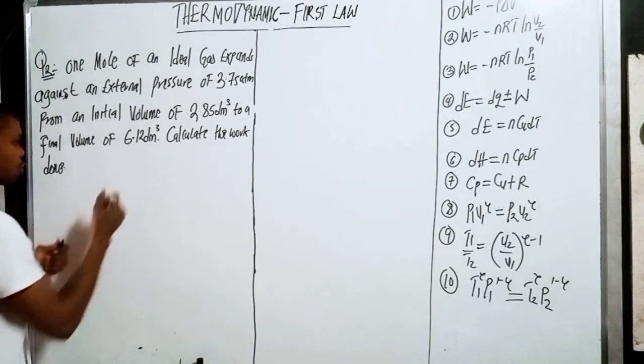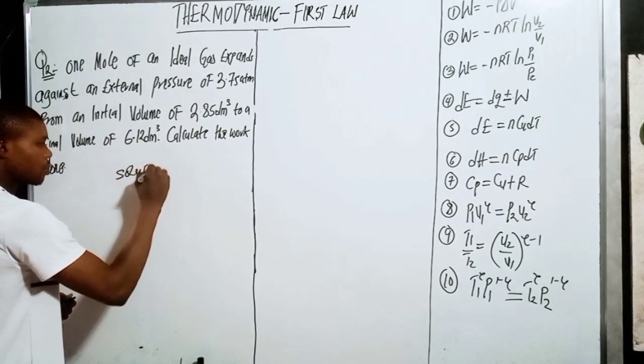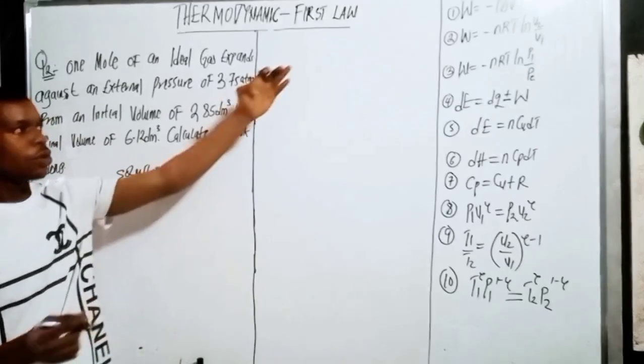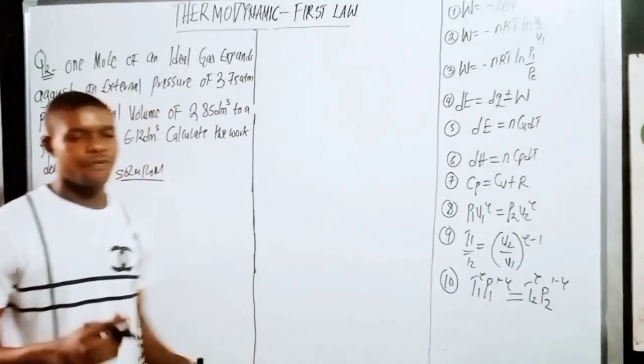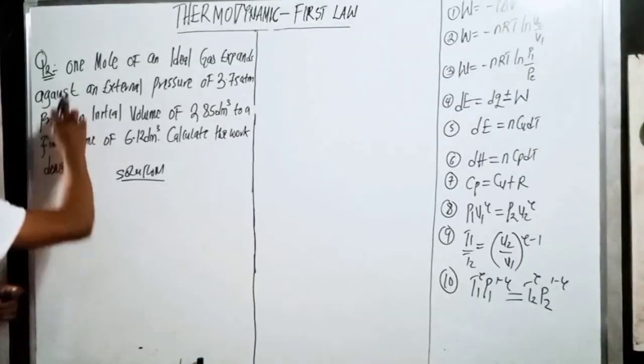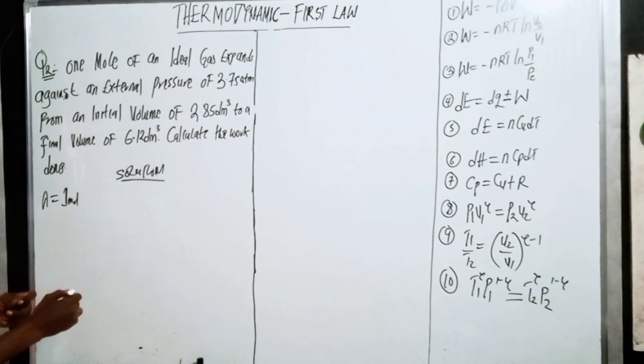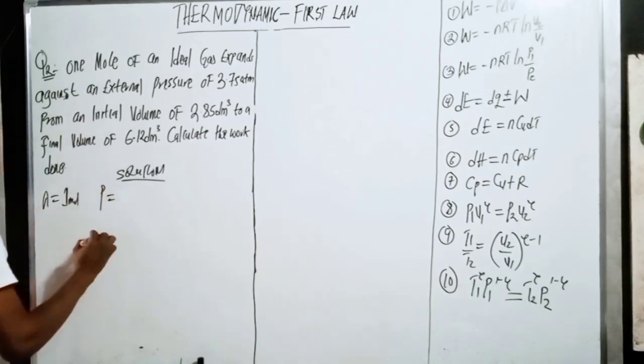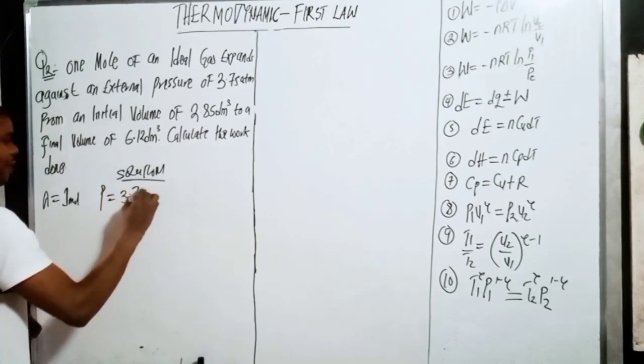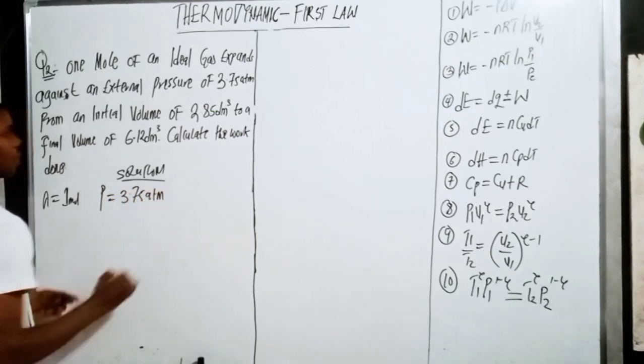You get. So solution. Like when I said before, before you can start solving, knowing how to use this formula here, you must understand the question. That 1 mole, that is my n, is equal to 1, right? 1 mole. Good. Of an ideal gas expands against an external pressure. So my external pressure is 3.75 atm, right?